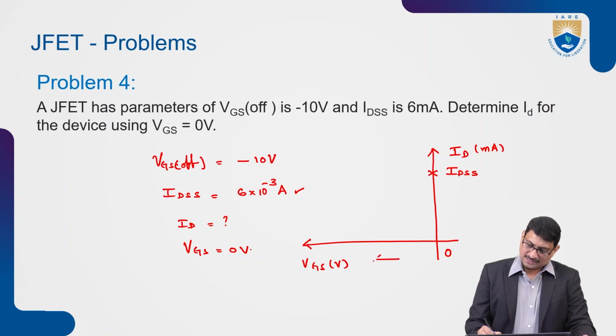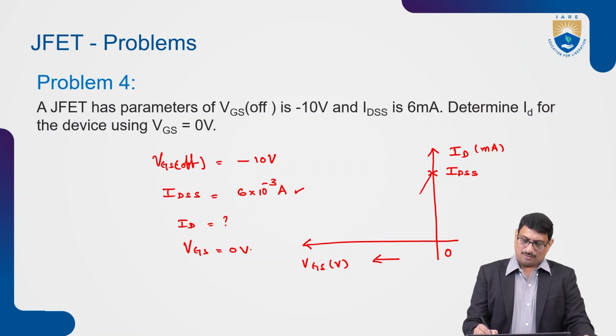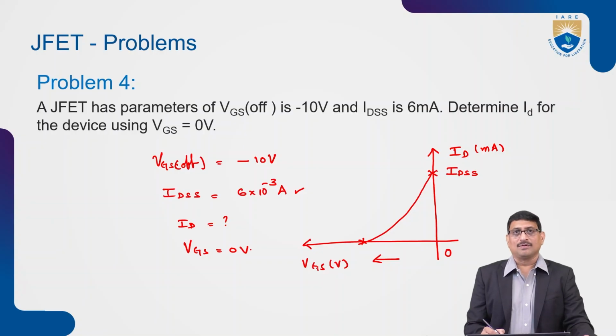As VGS increases negatively for an N-channel JFET, the drain current keeps decreasing and becomes 0. This gate source voltage at which the drain current becomes 0 is called VGS off, or the pinch off voltage.